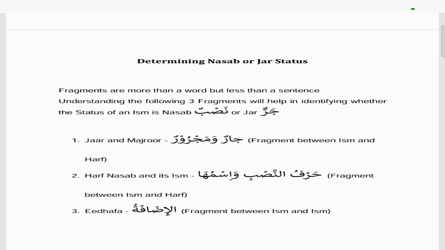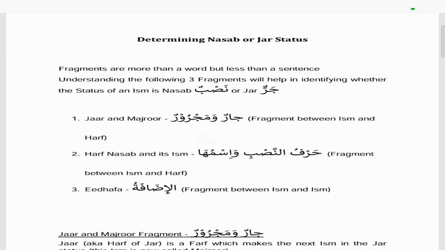So because they look the same, we need to know certain things so that we can differentiate whether the ism is in nasab status or jar status. Similarly with attached pronouns, they look the same in both jar status and nasab status, as well as certain other things that we came across.